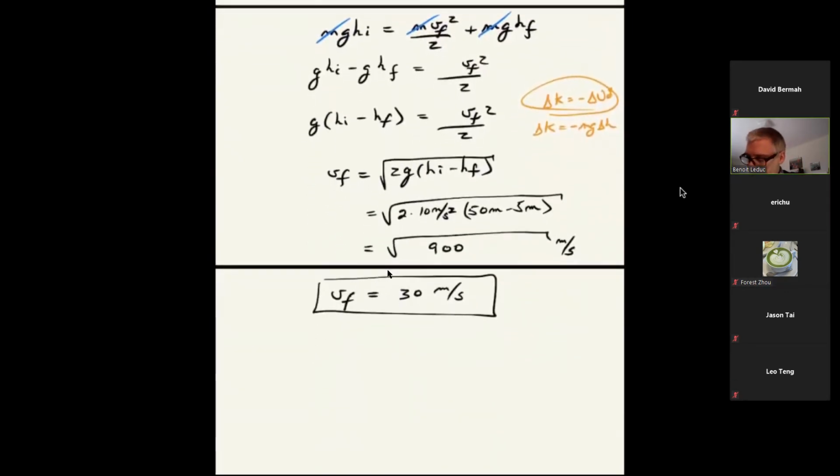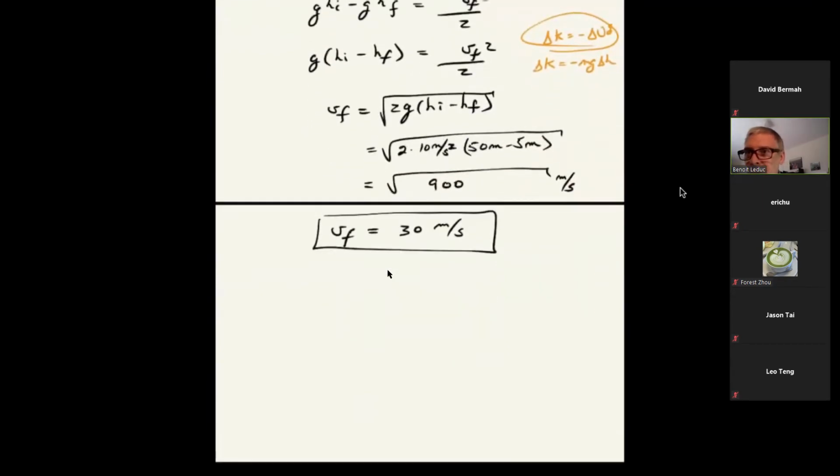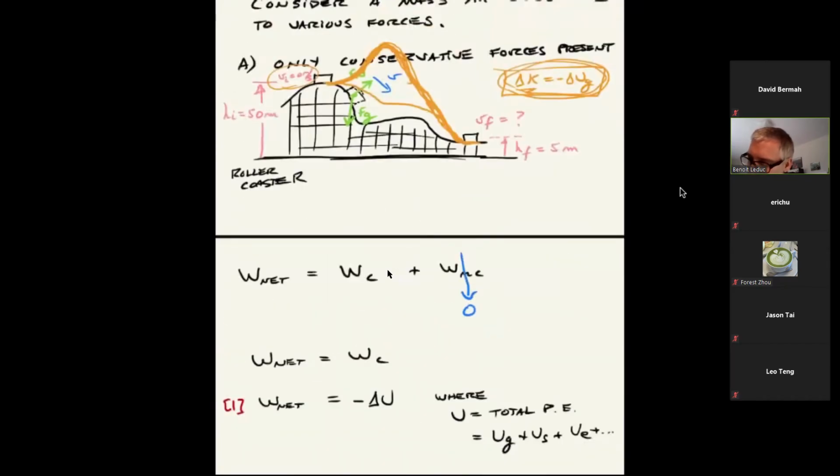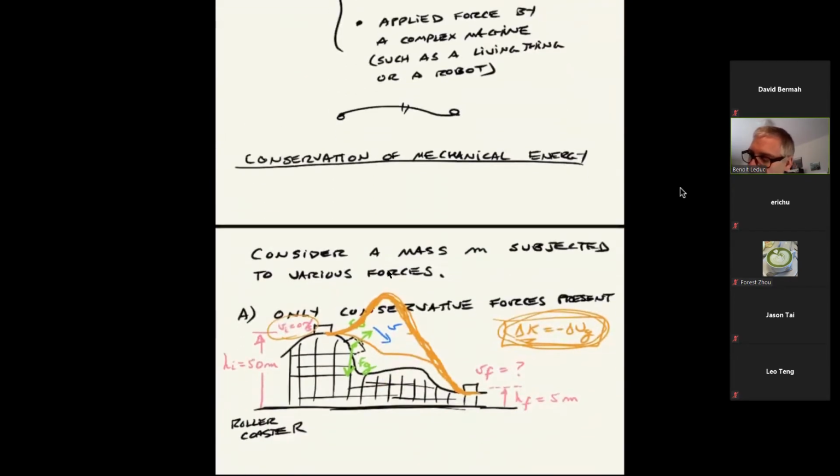So what I'm going to do for the next 10 minutes or so is, we looked at case A, only conservative forces present.